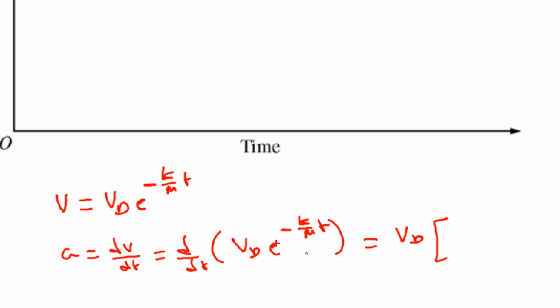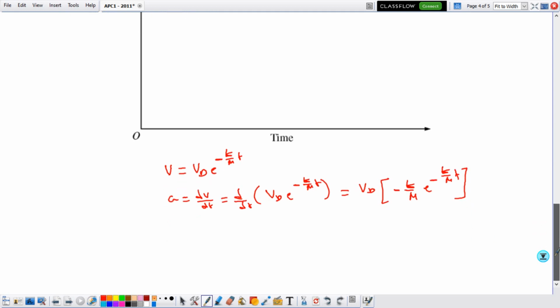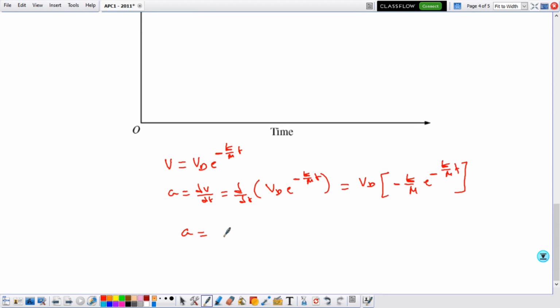Now what about the derivative of this exponential function? We would multiply by the inner derivative, which is minus k over m e^(minus k over m t), and the acceleration would be given by minus Vd k divided by m e^(minus k divided by m t).